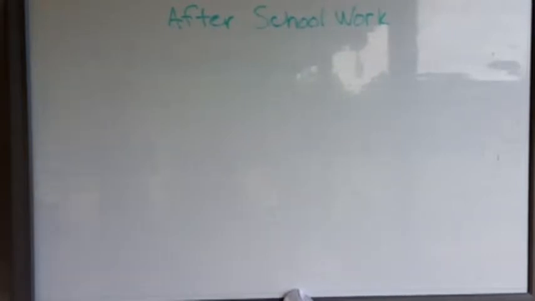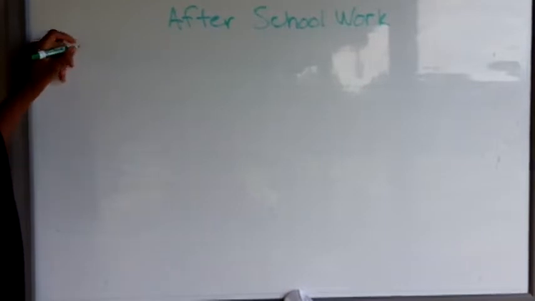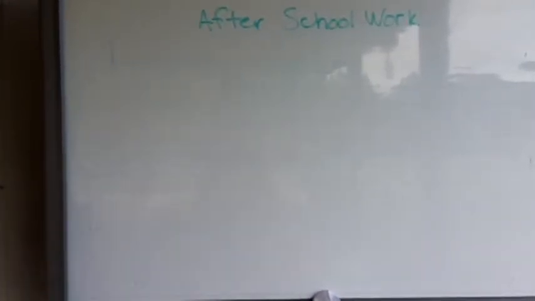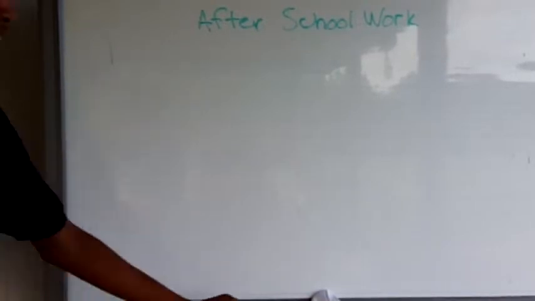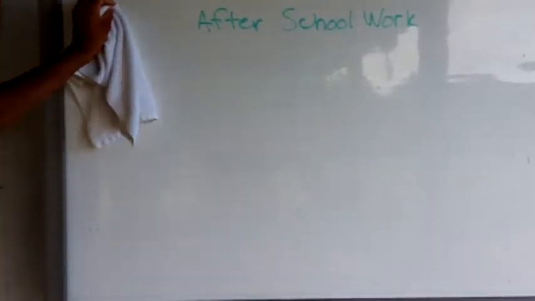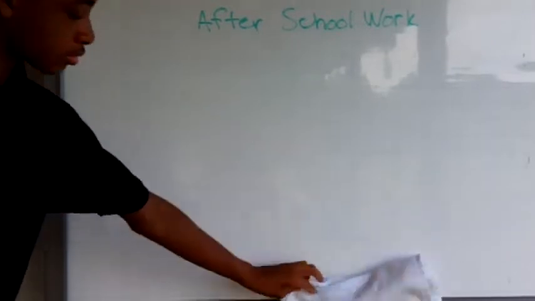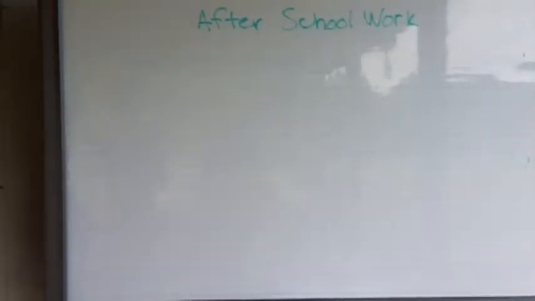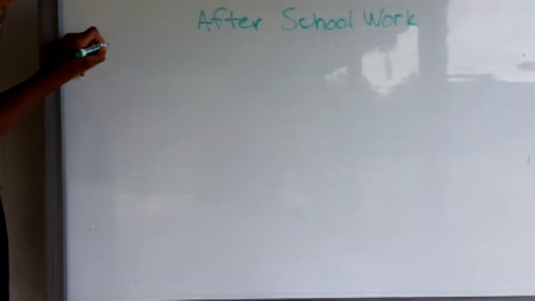So 1 minus 7. Wait a minute. Why is it dark? Could y'all see that whole time? Hello? Yeah. Did it go dark on y'all? No, it's not dark. Okay. 1 minus 7.